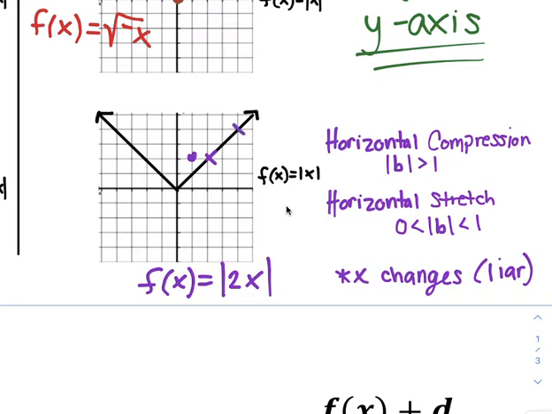If this guy was at a 4, I'm going to move him into a 2. All right? So it gets skinnier, but it is compressing from the horizontal direction. Same thing. If I'm at a 4 here, it's going to move in and only go out 2. If I'm at a 2 on this one, it's going to move in and only go out a 1. So I would be changing to this new purple graph.